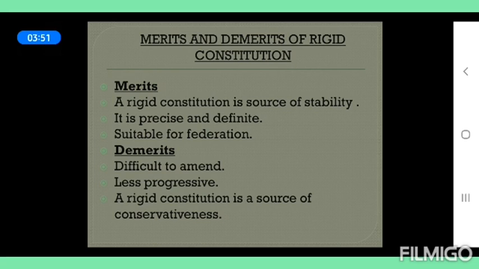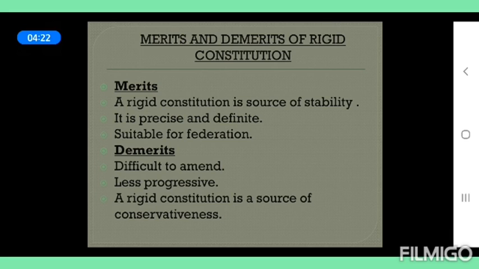Now next one, a rigid constitution is a source of conservativeness, because it becomes very old. It becomes old very soon and fails to keep pace with the times, and with the fast changing socio-economic environment and needs.